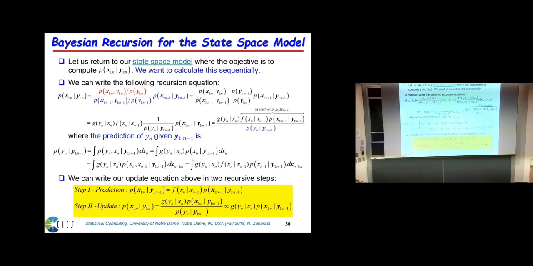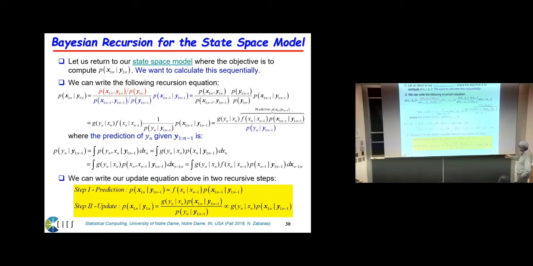Final answer. The calculation, basically, to be able to update this sequentially involves two types of calculations. One that we call a prediction step, and one that we call an update step. So the prediction step basically involves, given the data up to time n minus 1, you try to predict the state one step ahead, from n minus 1 to n, and effectively it's this term that you see here.